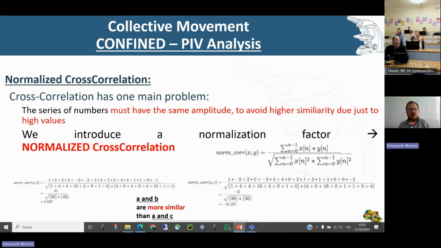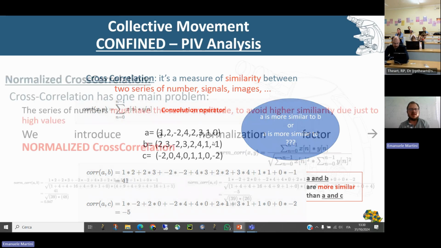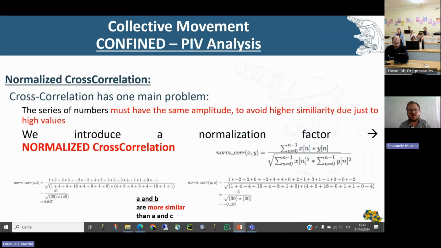There are some problems with this kind of approach. One is that the magnitude of the signal can impact, the number of zeros you have can impact a lot. So they invented a normalized way to calculate this correlation, and this is called normalized correlation.